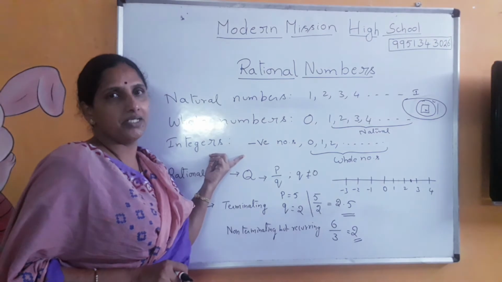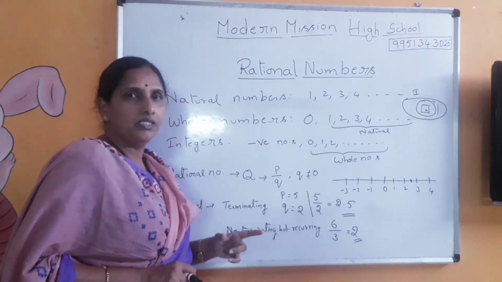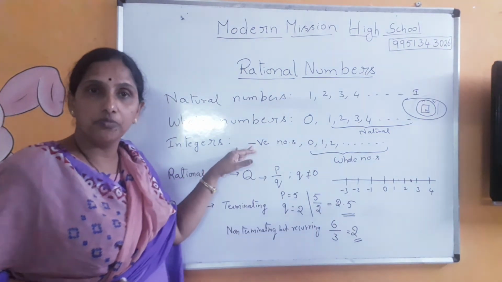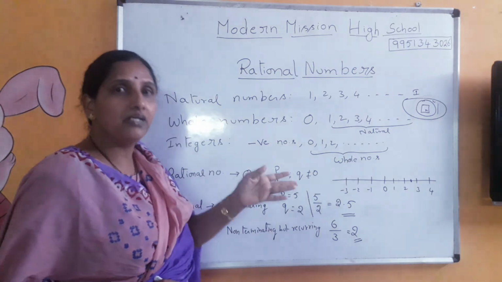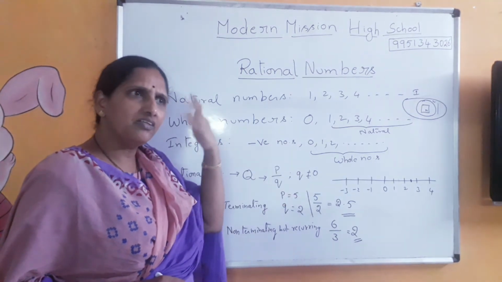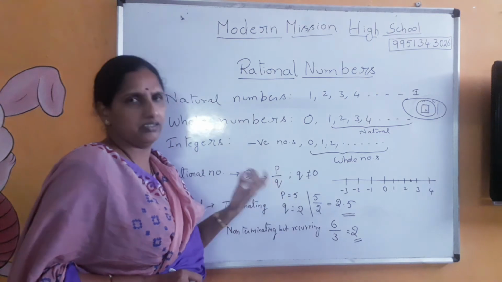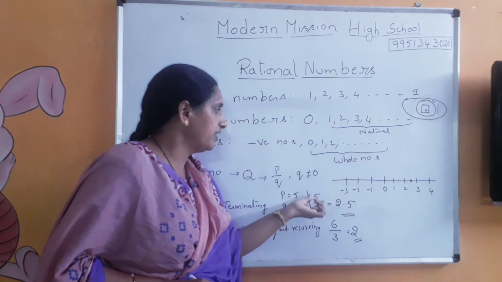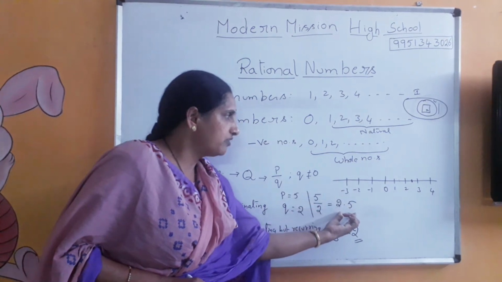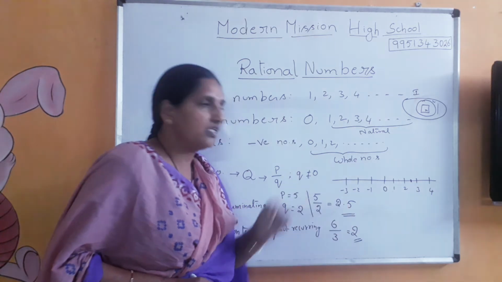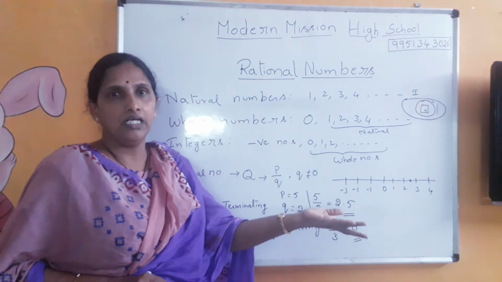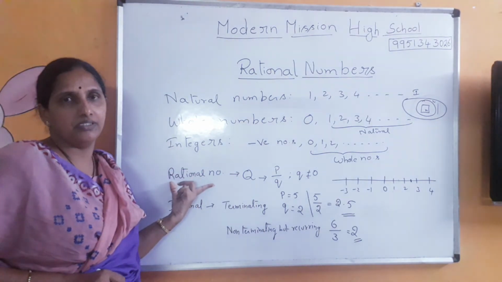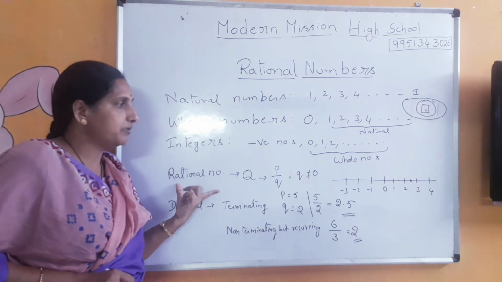Every integer can be expressed as a rational number, but every rational number can't be an integer. Very, very important point. You have to keep this in your mind always. If not, you will get confused about why we should have this. Yes, we should have this because the value you get after dividing 5 by 2, which is 2.5, is not an integer. Hence, we need another name for such numbers, and the name given is rational number.